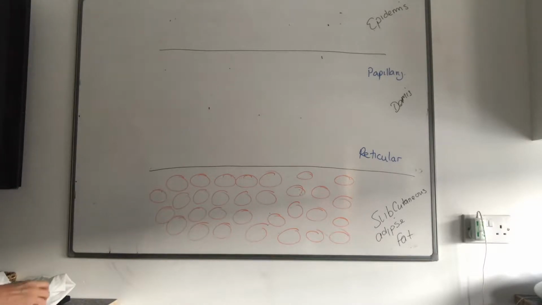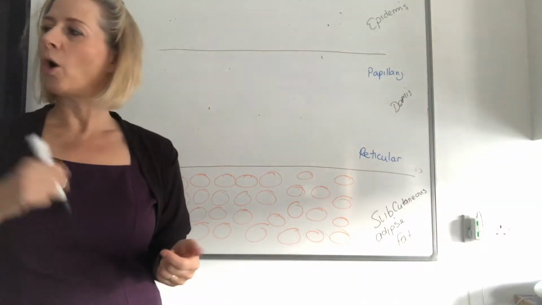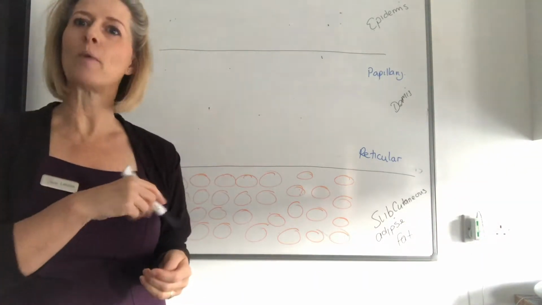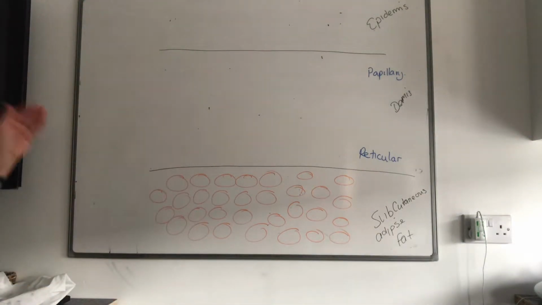So let's have a look now at the functions of the skin, because the functions of the skin are going to remind us of all the bits that go into it, and we're going to draw it. Can you draw your 3 areas? And can you write down the side or on the back of it, if you want a bit more room, the acronym SHAPES.